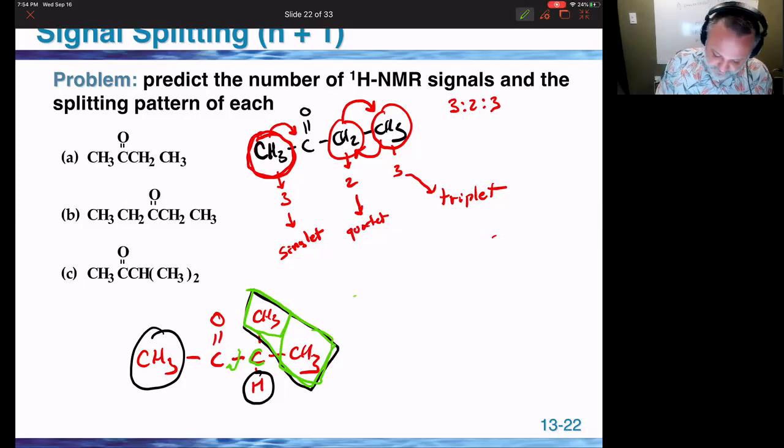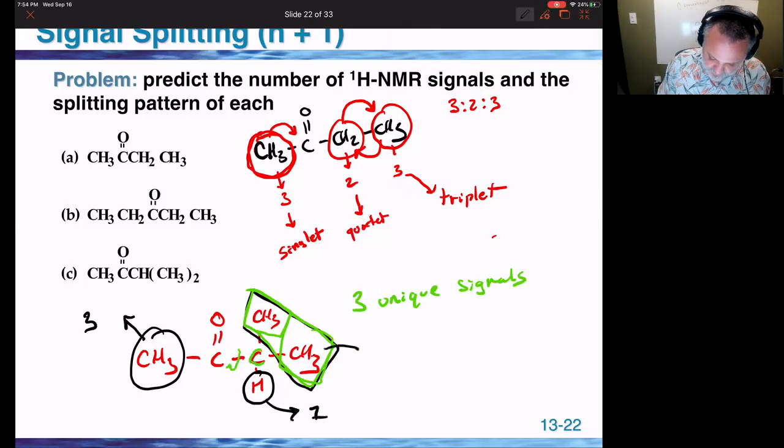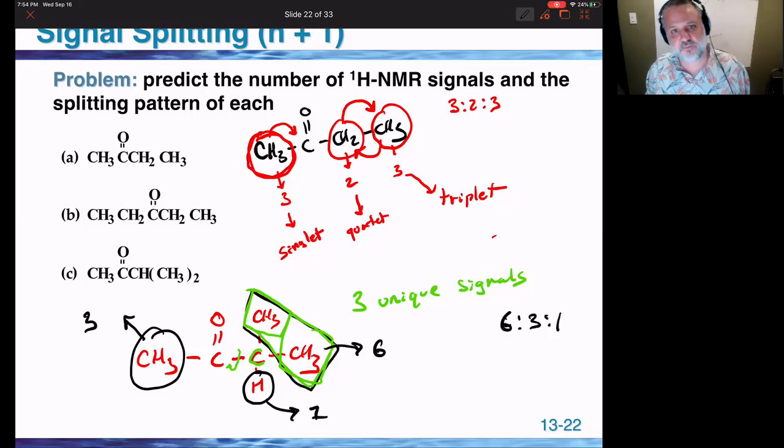So we should see 3 unique signals. And they should integrate how? This one should integrate as a 3, this one should integrate as a 1, and this one should integrate as a 6. So it should be 6 to 3 to 1.